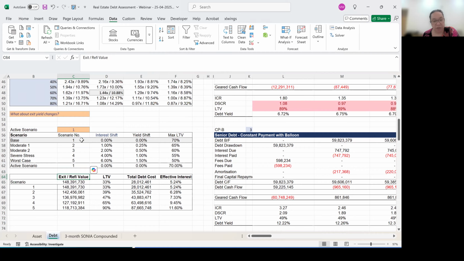And then you can calculate what you think is going to be your exit value or refinance value at the point of exit. What's going to be your loan to value? So in this case, your loan to value at exit is going to be 33%. Remember, it started at 52%. So you're going to reduce because there is a balloon, but also an amortization schedule. And then the total debt cost as well, and then your effective interest rates.